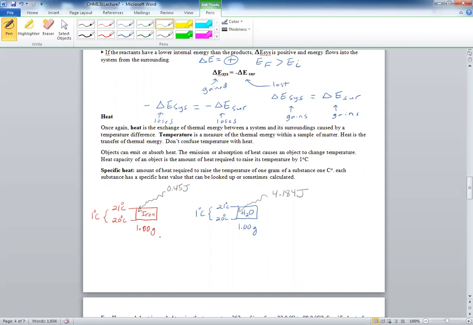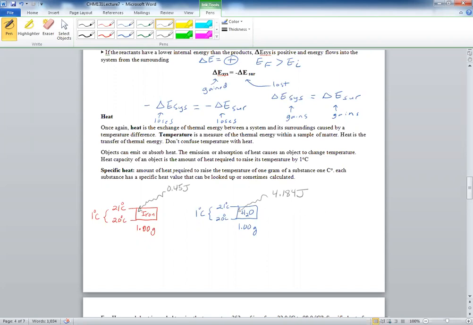Of course, you know that the one without the water will increase in temperature much faster than the one with water. It's simply because water has a very high specific heat, or requires a lot more heat, 9 times as much as iron, to increase by 1 degree Celsius. That's what it means.